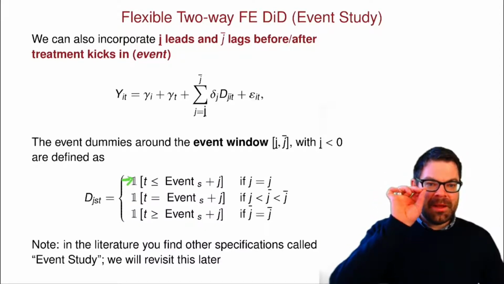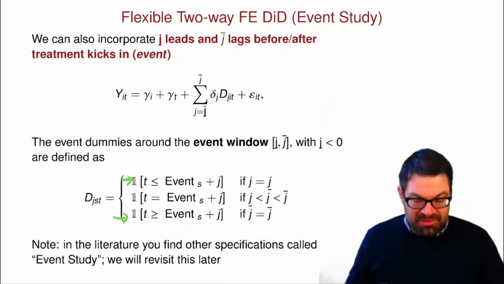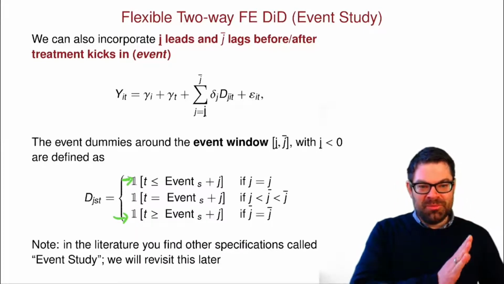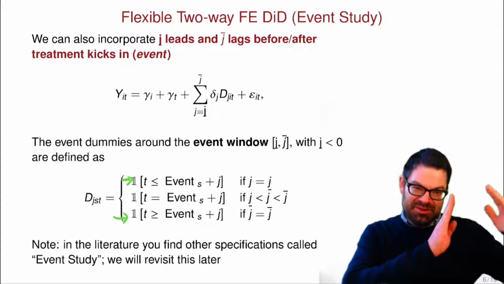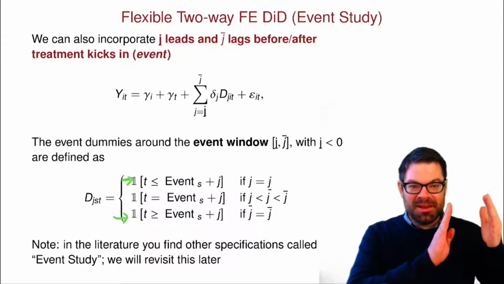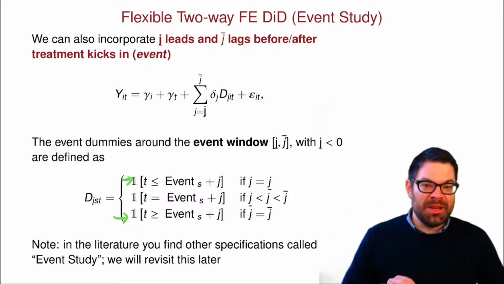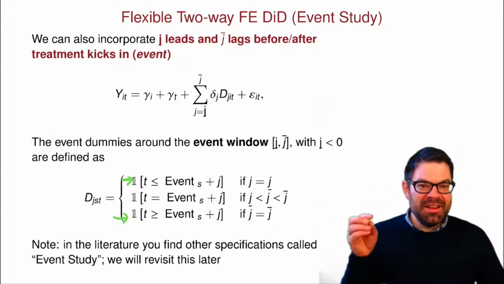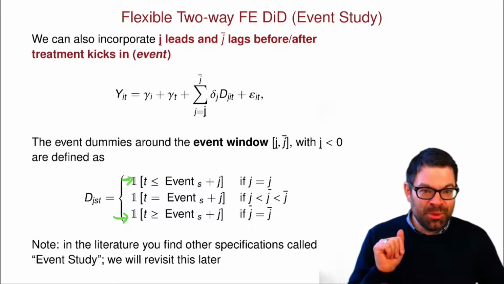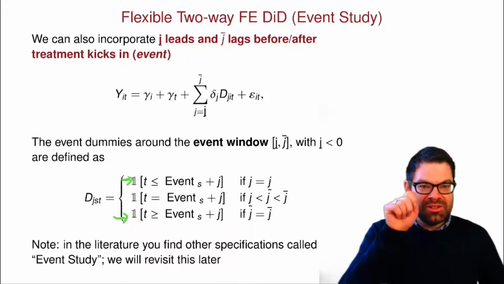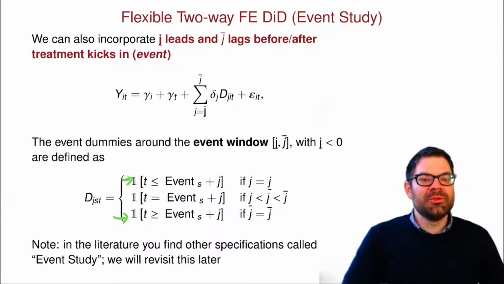The last dummy is 1 for all the periods from the last lag until the end of our sample period. And then you have dummies for any period in between. Okay, so the really interesting dummies are those in between, where you have a separate dummy for each year or each period relative to the treatment period.